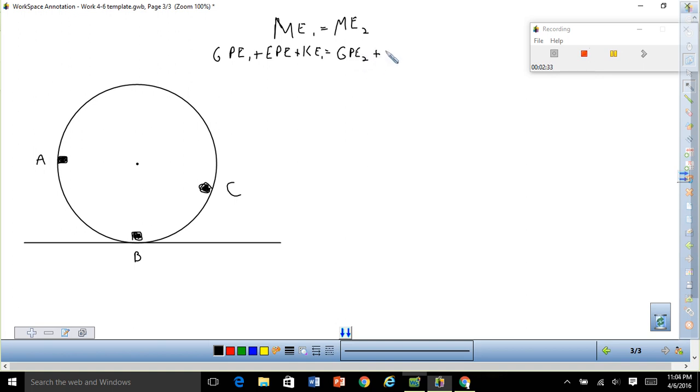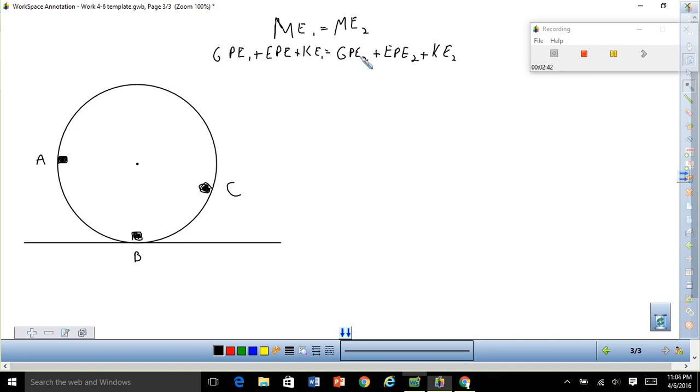So GPE2 plus EPE2 plus KE2. All right, now in this case, there's nothing providing elastic potential energy. There's no bungee cords, there's no rubber bands, there's no springs.